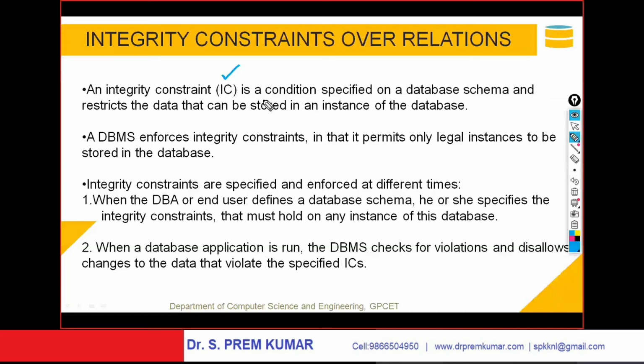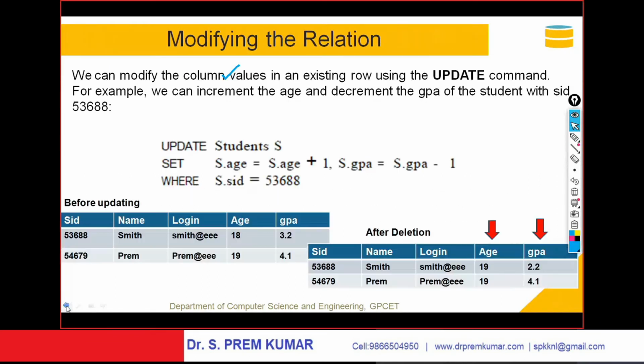This is a boundary I am fixing. The age column should have age between 16 and 26. See here, the age column: I'll enforce an integrity constraint here. For age, I'll enforce an integrity constraint. IC stands for integrity constraints.